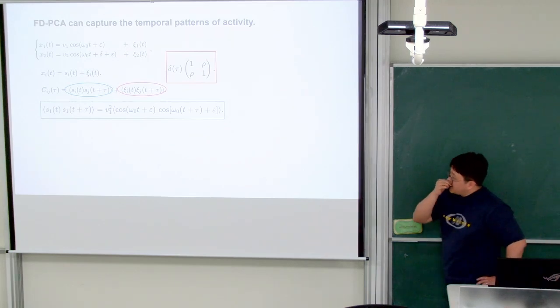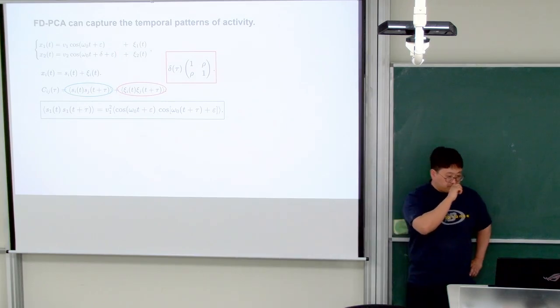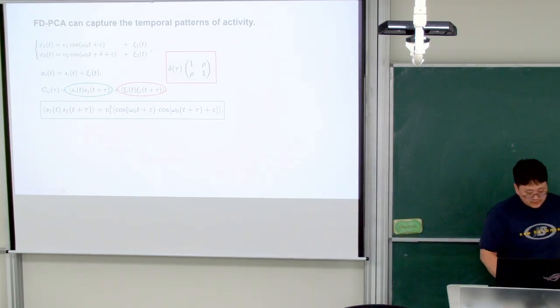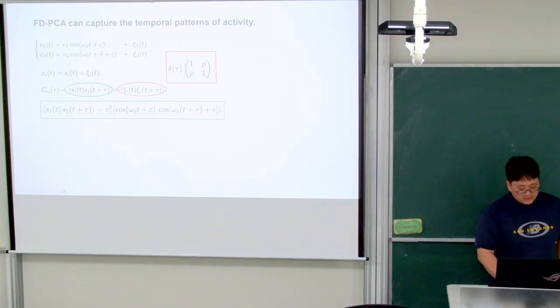So let's calculate the first term. S1 is cosine omega 0 t plus epsilon, right here. And then after you add the time lag in S1, you can get this equation.